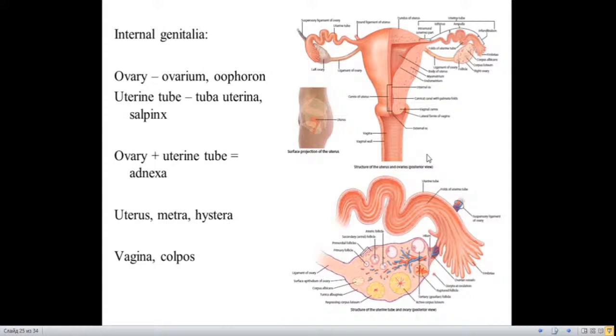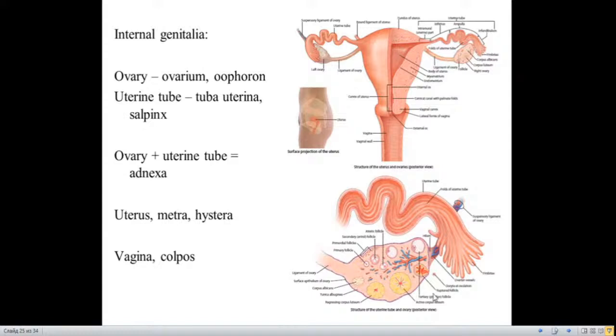Inflammation of the mucosa of the vagina is very often known as colpitis, and the method of investigation, assessment of the mucosa of the vagina, is known as colposcopy. So, briefly about the internal female genital organs.